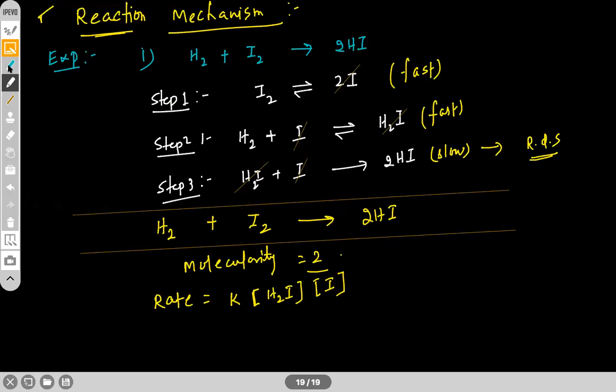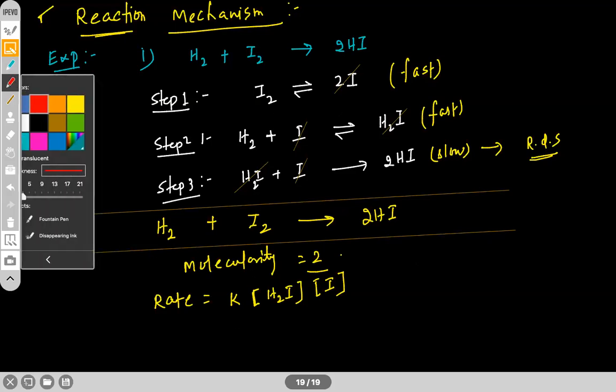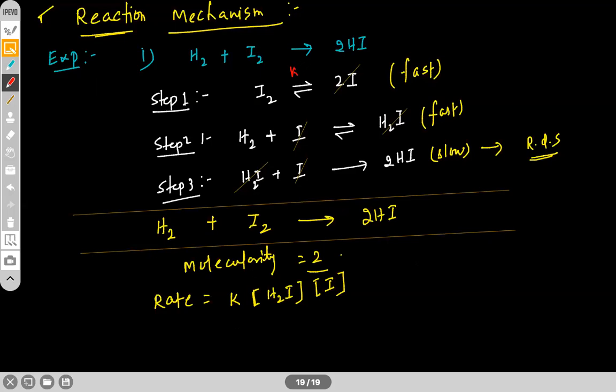This reaction is reversible in nature. Suppose the equilibrium constants are K1 and K2. We can write K2 as the concentration of H2I divided by the concentration of H2 into I. We can also write K1 as I square by I2.